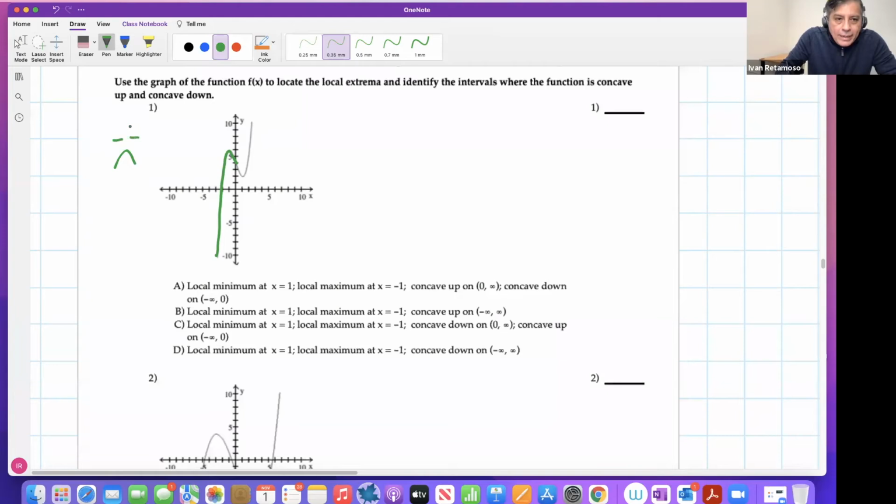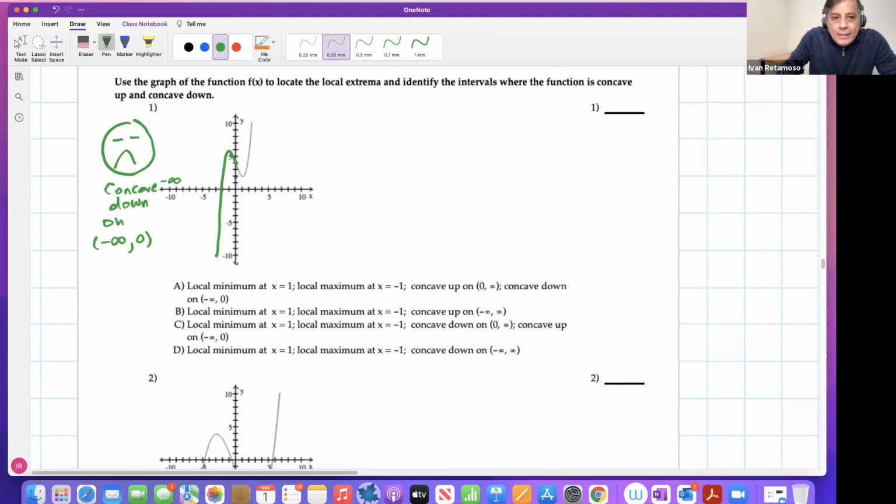So we are dealing with a part of the curve that is concave down. But over which interval? From negative infinity up to 0. So you say on negative infinity to 0.